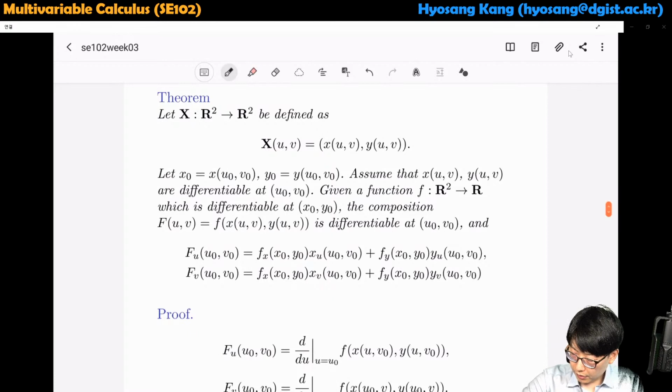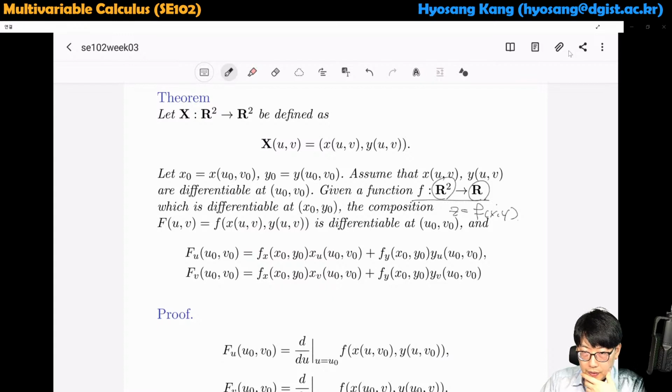All right. So that's the case when we have a parameterization on a two-dimensional plane and a function on a two-dimensional plane. What happens if we have a slightly more general situation? We have the same type of function f which sends R2 to R, so basically xy sends to z.